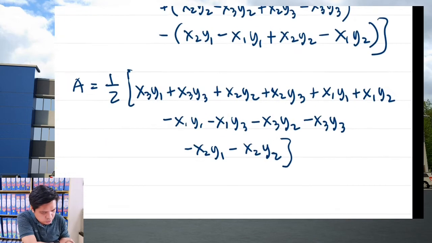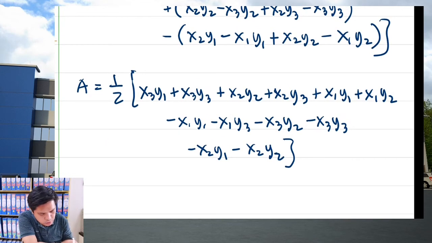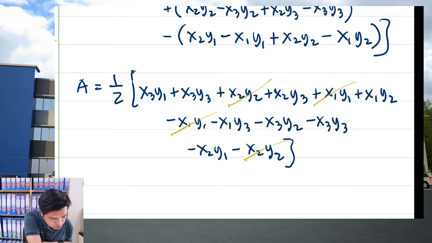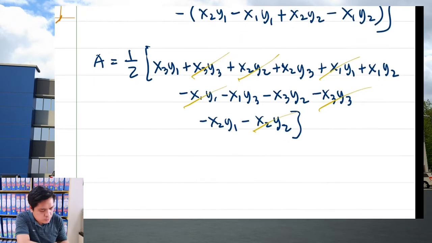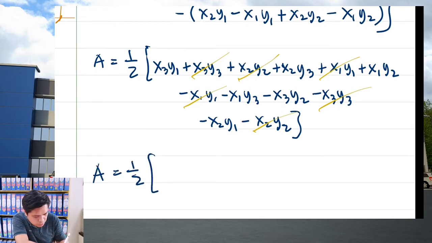So let's compare. I think some could be cancelled out. So we can cancel out this. We could also cancel out this. And also ito. We'd cancel that out. Now, rearrange tayo further. If we rearrange that further, unahin natin yung x1. Meron ba? Ito, x1.